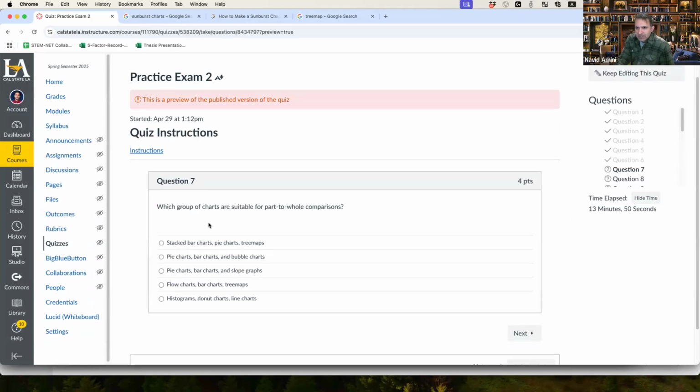This is a repeat of a question that you have seen in one of the quizzes. Which group of charts are suitable for part 2 whole comparisons? Part 2 whole, not part to part or between category comparisons.